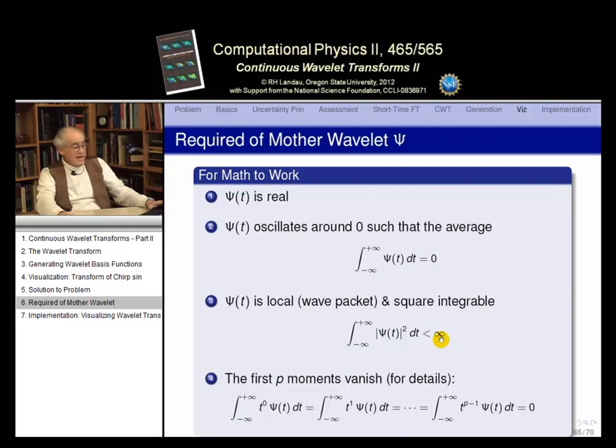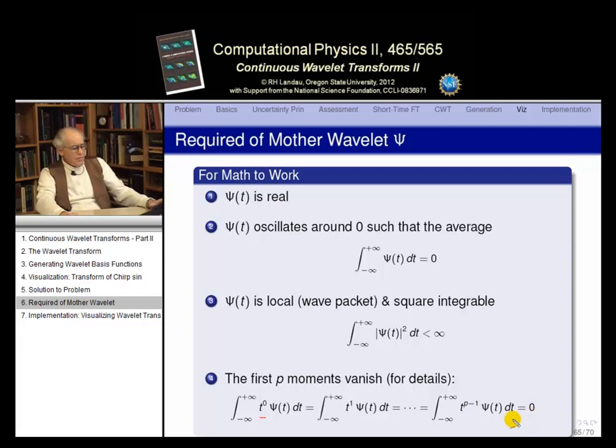And finally, in order to get this not too sensitive to all the details, we have the first p moments. P is a small number, which each case defines, and the first p moments of the wavelet must vanish. So time to the 0th power times the wavelet over all time, time to the first power, up to time to the p minus 1 power, all of those must vanish.